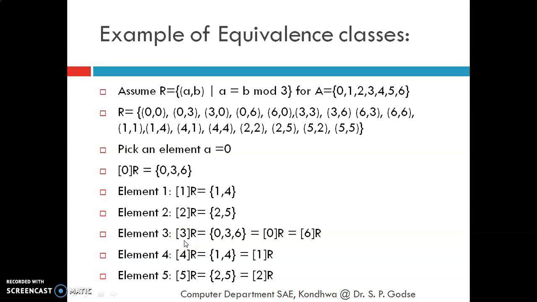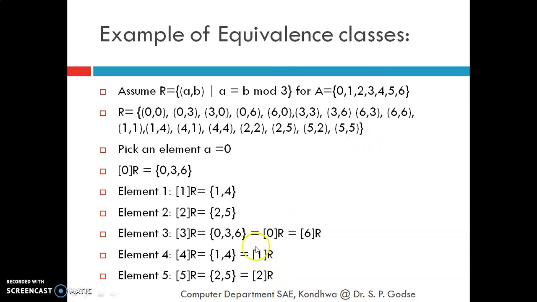The equivalence class of 3 will contain the elements 0, 3, 6. Then the equivalence class of element 4 will contain the elements 1 and 4. The equivalence class of element 5 will contain 2 and 5.